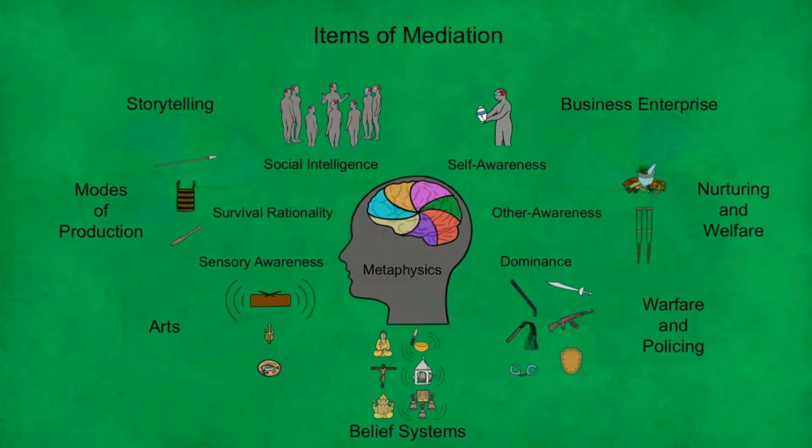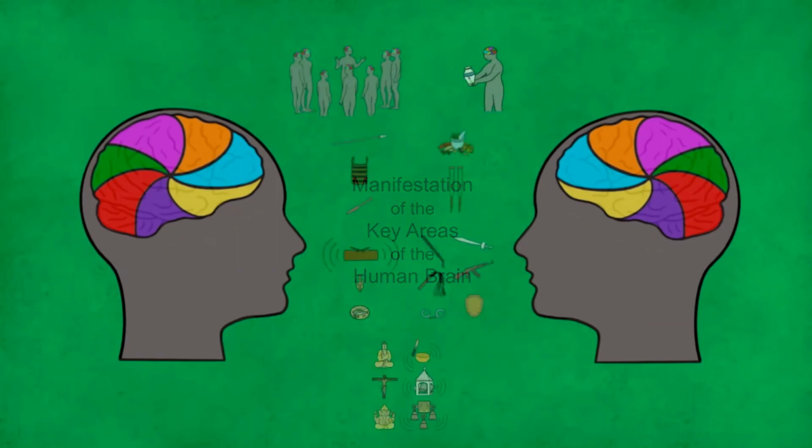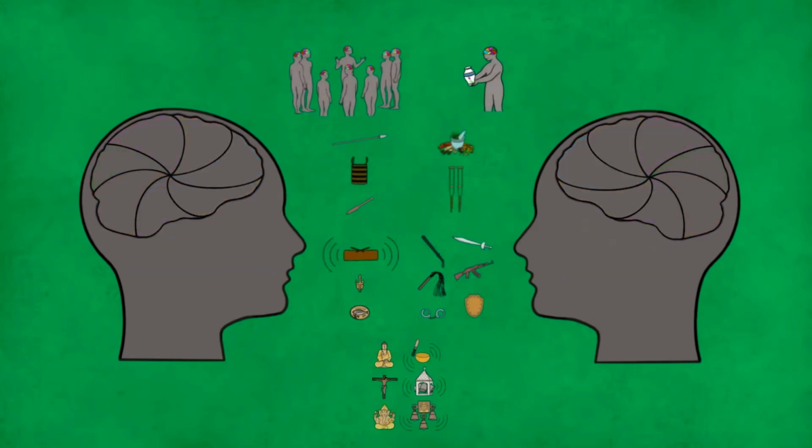What we are seeing here then is in effect the gradual manifestation of the key areas of the human brain as the key areas of culture. As humans deliberately created objects and sounds that stimulated specific areas of the brain, they were, in a real sense, manifesting those biological processes as those very objects and sounds.